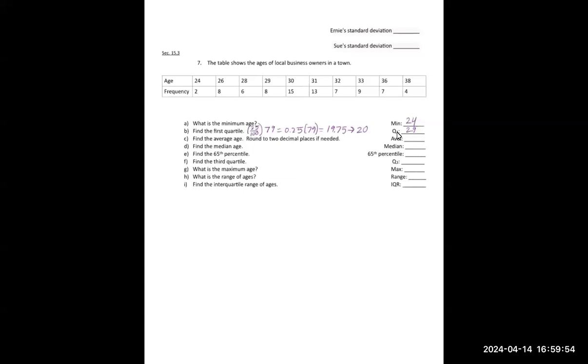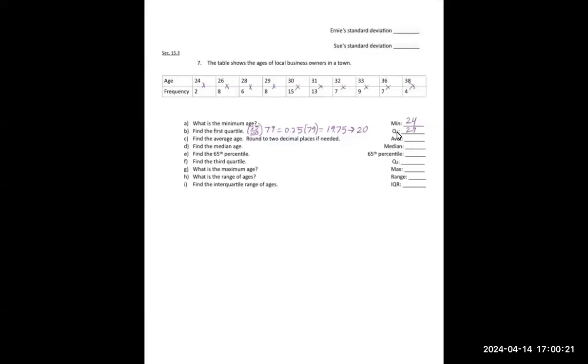So we'll multiply through the chart and then sum up, because we have to add up all of the ages and divide by the number of people surveyed, which you already said was 79. But first I'm going to multiply down.